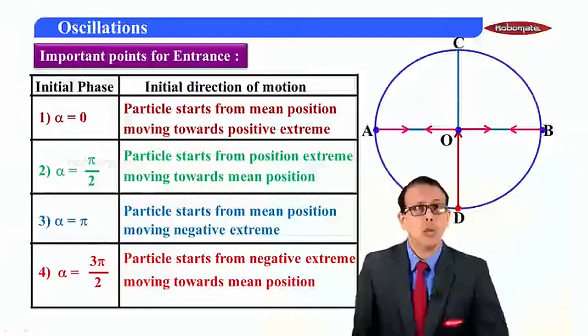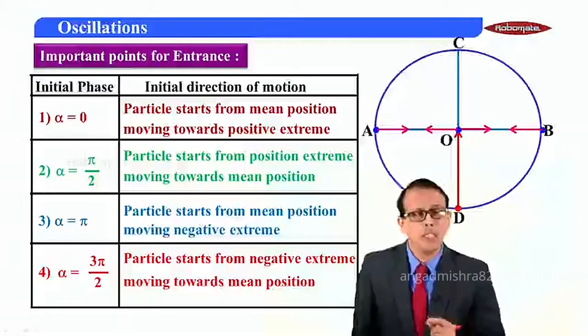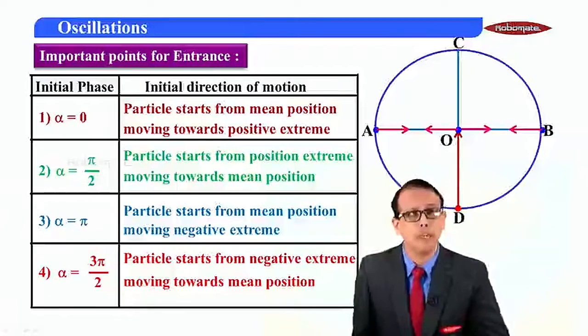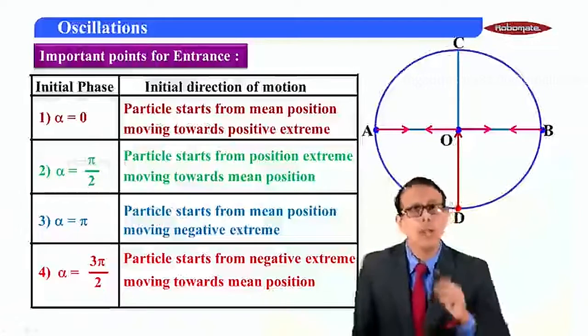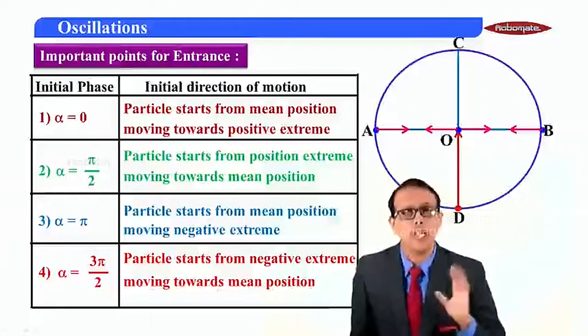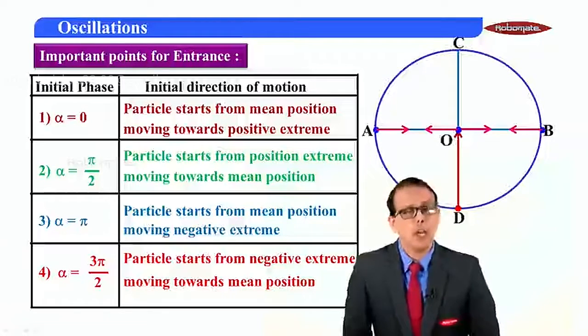Important point, students, look at initial phase 0 and pi. In both cases, the particle is at mean position, but 0 initial phase means the particle is moving towards positive extreme, and pi initial phase indicates the particle is moving towards negative extreme. That's all in this module, students. See you in the next module.